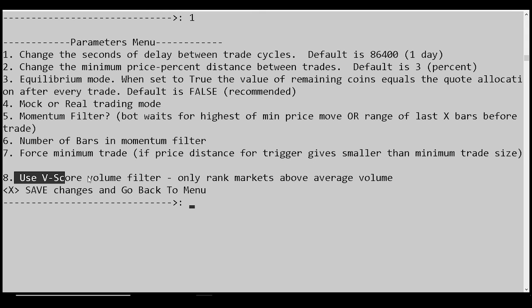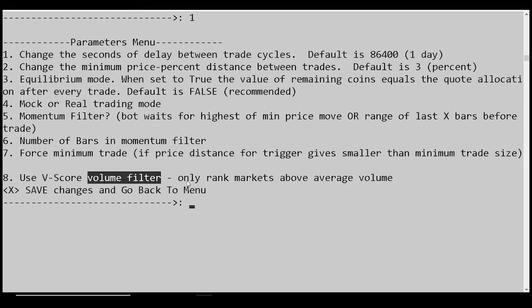Okay, and this last option, number 8, looks like I have to remove a line here. Last option, number 8, is the V-score volume filter, which will apply to, I believe, two of the V-score options, where you're ranking the markets that you have, the markets on a specific quote currency, or the markets that you're not trading yet on a specific quote currency.